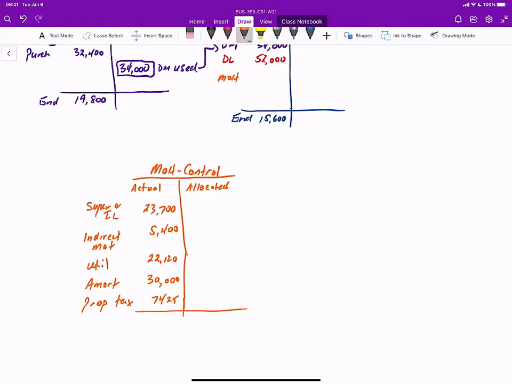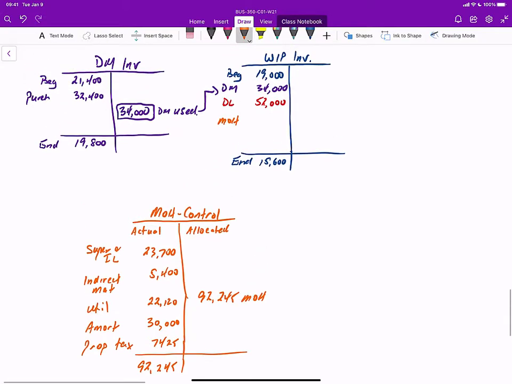All of those add up to 92,245. And in this simple example, very early on, because we haven't gotten to job costing quite yet, we're going to want to have all of that allocated to work in process. So we're going to have one big credit here, 92,245 is the manufacturing overhead, which will go right there.